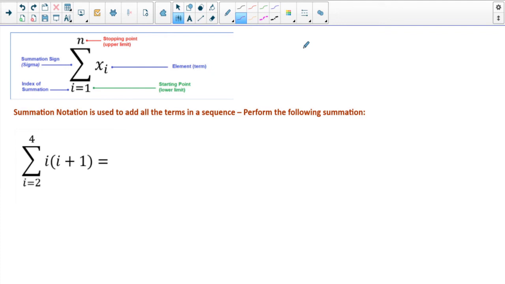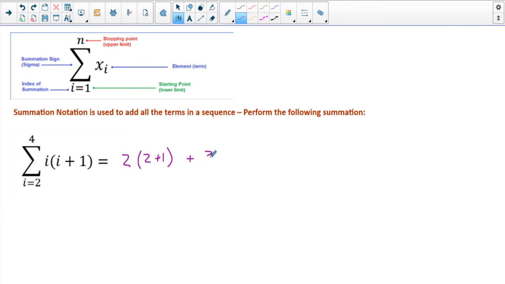Okay, so let's do one last one here. Again, this is going to be our element, i times i plus 1. Our starting point is 2, and then we're going to stop at the upper limit, the 4. So first of all, we're doing 2 times 2 plus 1. And then we're going to add the next term.